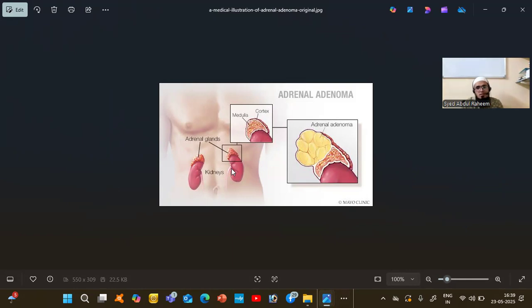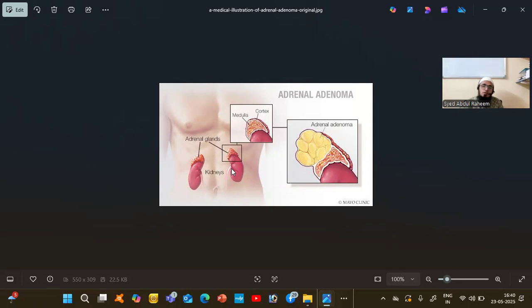Like kings have crowns, which showcase they are the king of the city, king of the town, king of the kingdom, here the kidney has the crown. The crown is nothing but the adrenal gland.